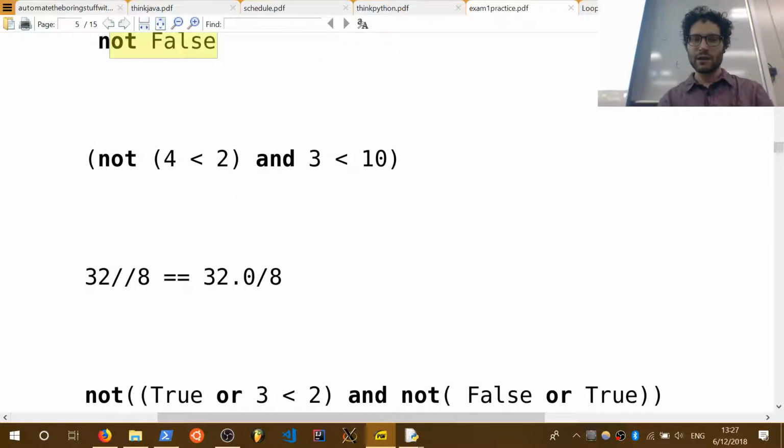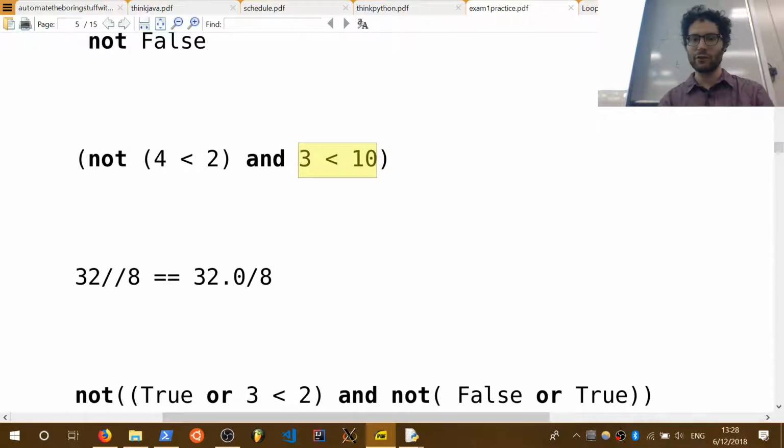Okay? So remember, with ands, we do the left side and the right side and compare them. So not 4 less than 2. Is that true? Nope. It's a false statement. But the not over here flips it to a true statement. So we've got true on the left. 3 less than 10. True on the right. So the entire thing's true.